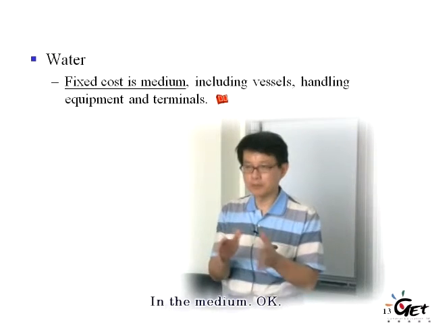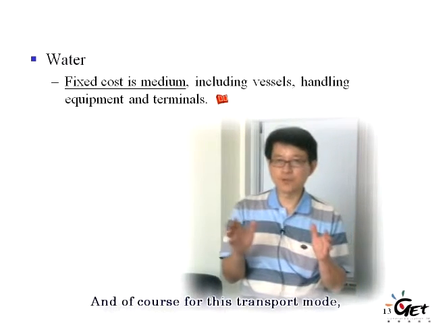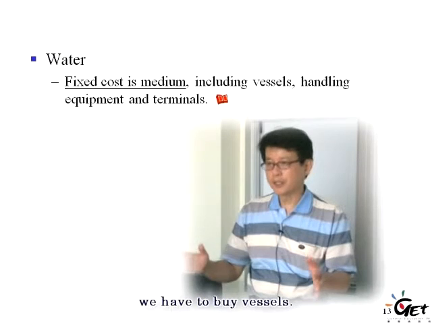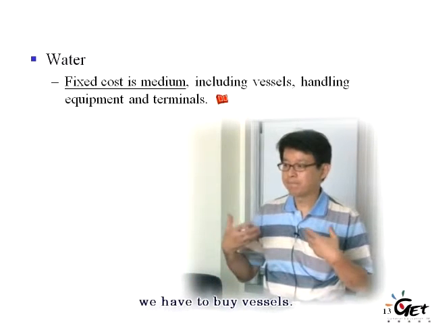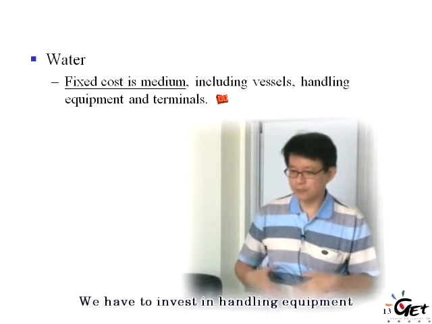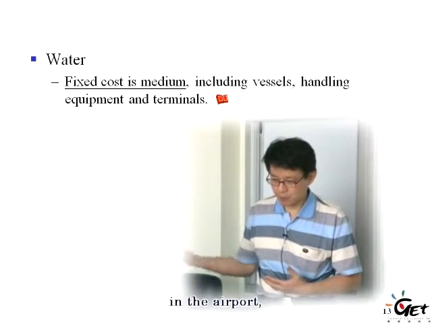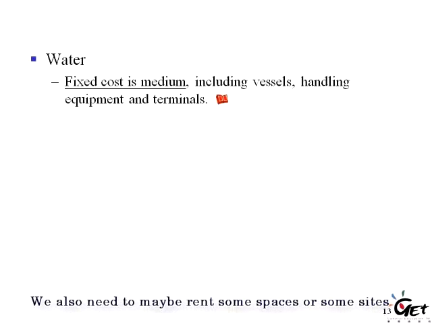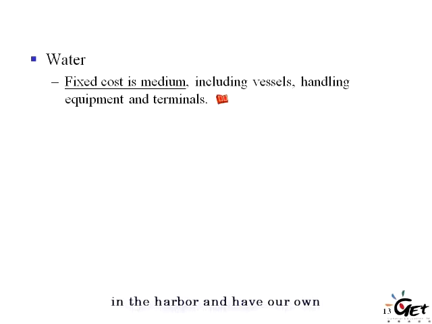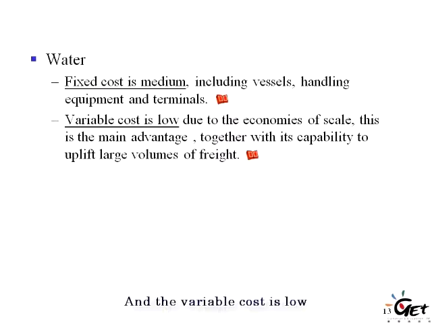We have to buy vessels, invest in handling equipment in the terminal, and maybe rent some sites in the harbor and have our own handling equipment there. All these are fixed costs. And the variable cost is low compared to the previous two modes.